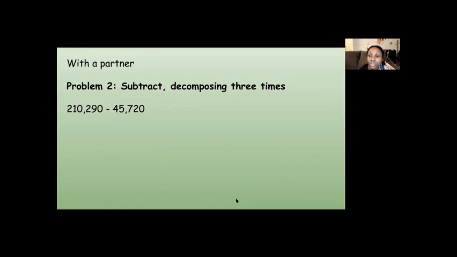So with your partner, I want you to discuss how you guys solve this problem, what method you use, okay? I want you guys to go over the steps, okay?